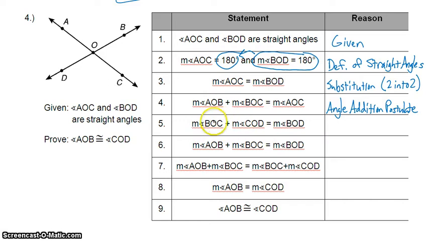And if you look at step 5, angle BOC plus COD equals BOD. Angle plus angle equals angle. That is also the angle addition postulate.